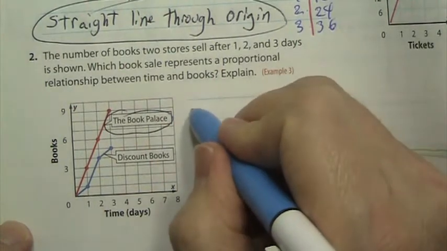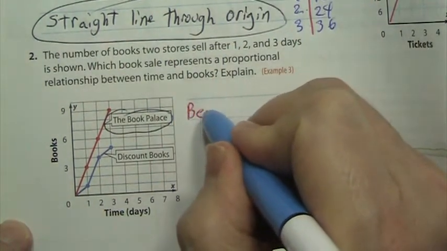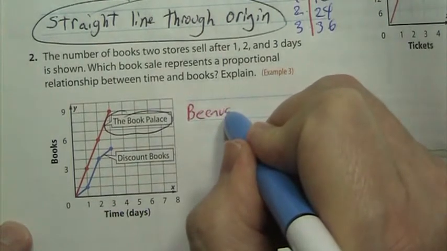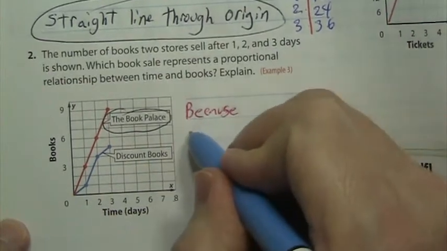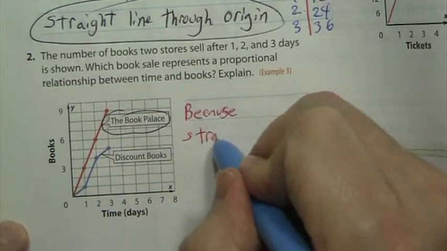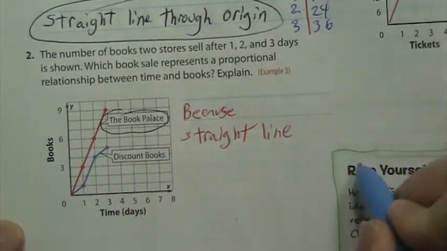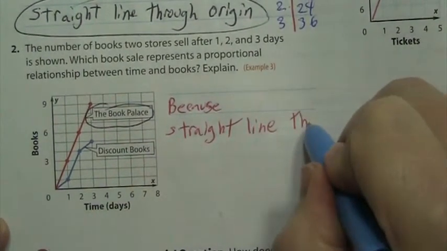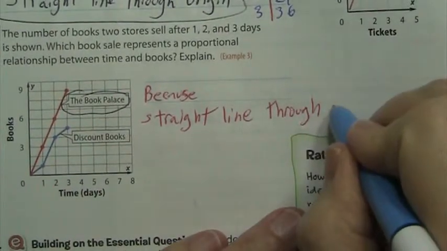I'm just going to say because it's a straight line through origin.